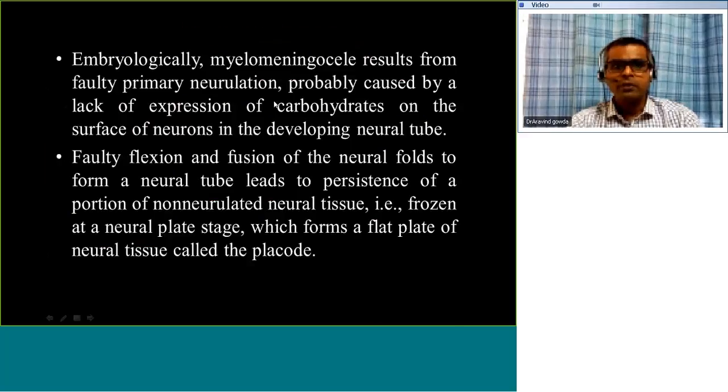So in a myelomeningocele, it is due to the faulty neurulation process, probably caused by the lack of expression of carbohydrates on the surface of the neurons in the developing neural tube. So the neural tube will not be exposed to the carbohydrates, and that in turn leads to faulty primary neurulation. Apart from that, there will be faulty flexion and fusion of the neural folds to form the neural tube, leading to the persistence of a portion of non-neurulated neural tissue, what I called the placode.